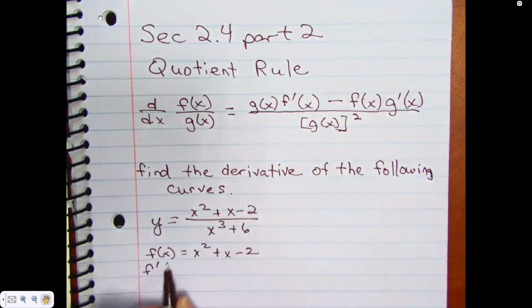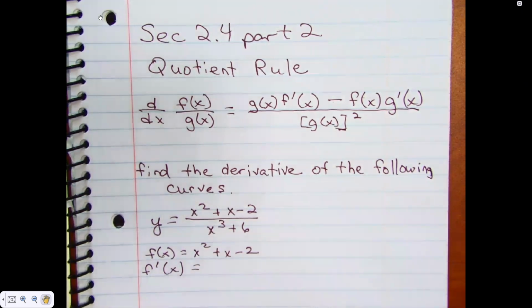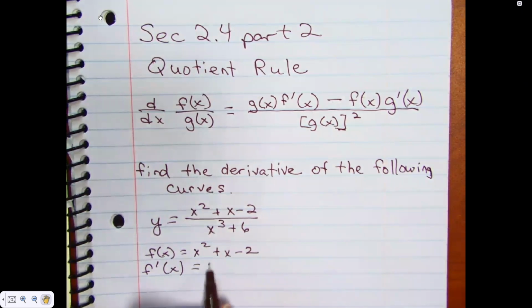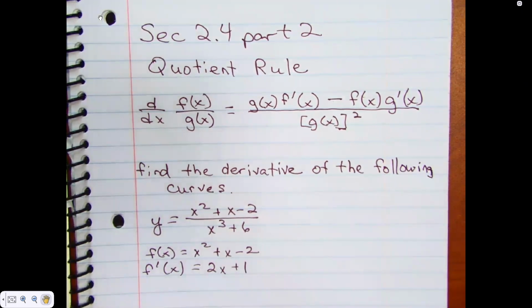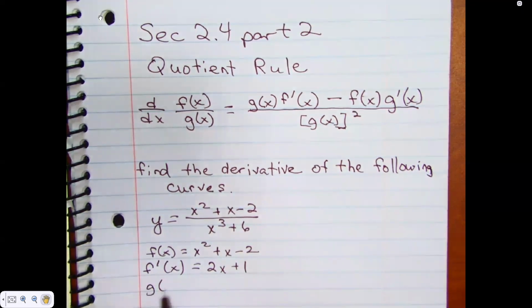What is the derivative? Roll it down, subtract 1, so 2x. And then that goes to 1, and the negative 2 goes to 0. G of x is the bottom, the denominator, x to the third plus 6.